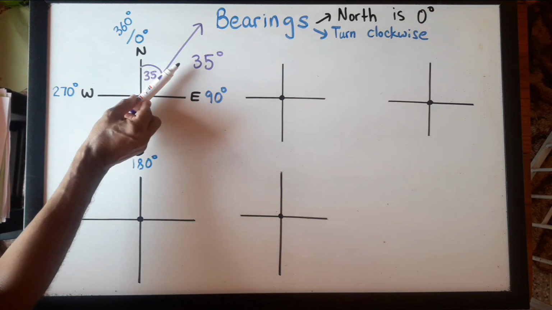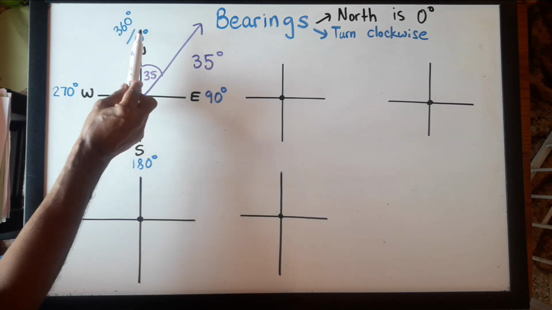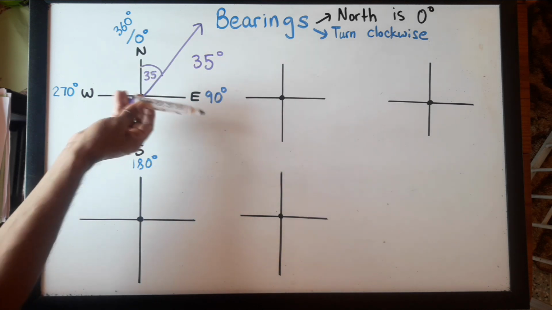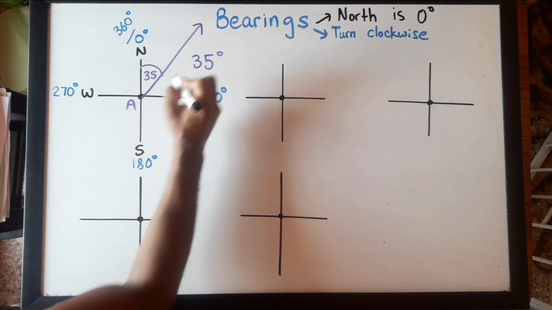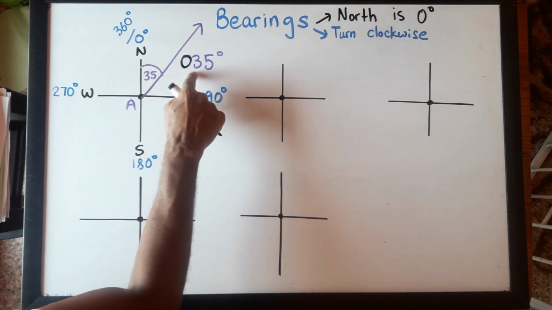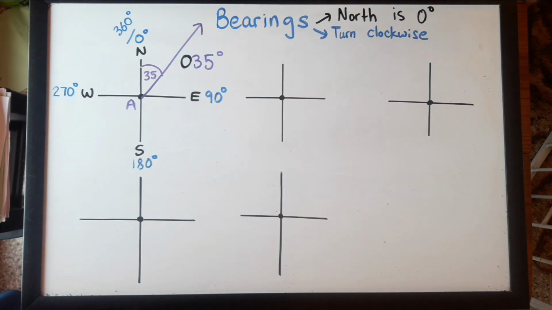I made it closer to north because 35 is closer to north than east. It's just an approximation. Also, whenever we are dealing with bearings and we give the angle, it must always be 3 numbers. So if I say 35 degrees, I have to put a 0 here: 035. That's just how they write bearings. Just get used to it.